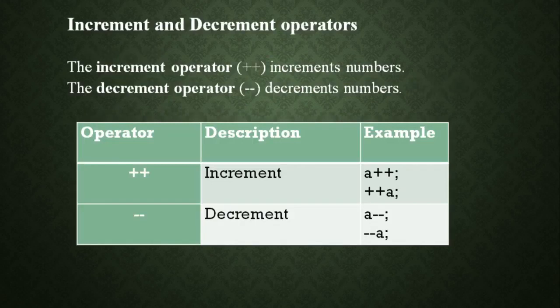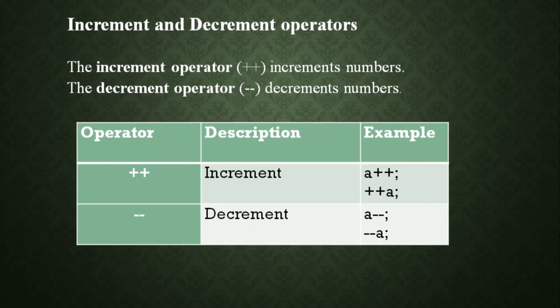Next type of operators are increment and decrement operators. If I want to increase a value in a program, then we use plus plus operator or minus minus operator, increment operator or decrement operator.